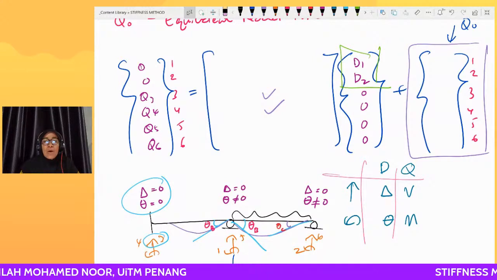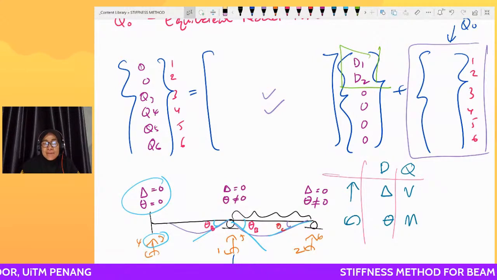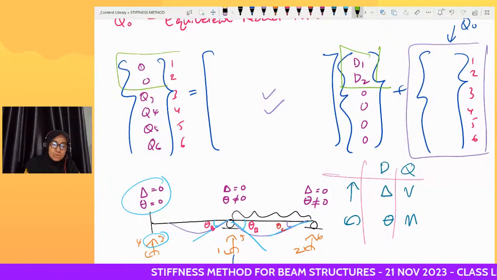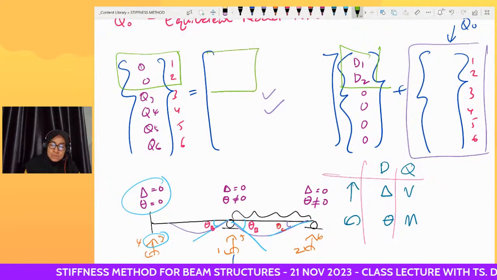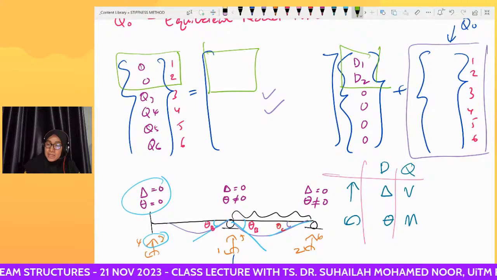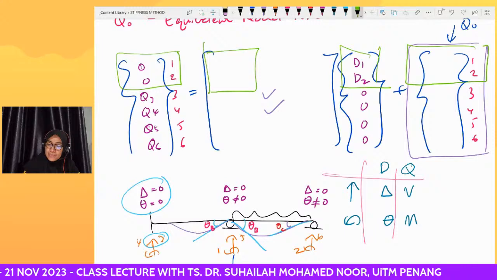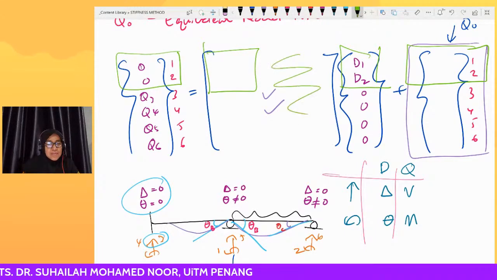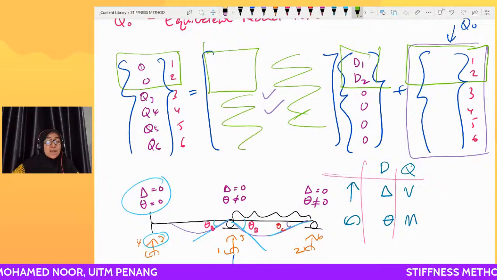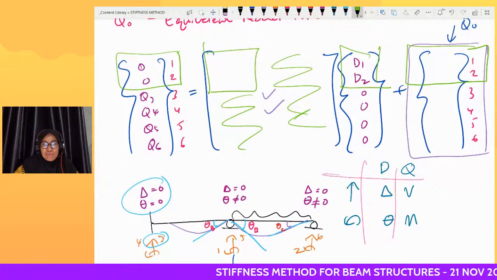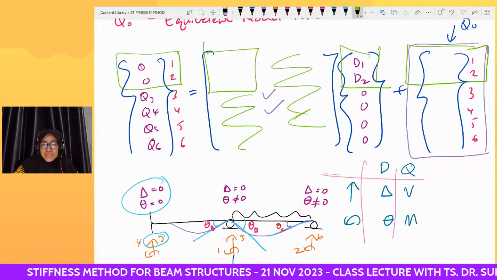But in order to solve D1 and D2, we just need to consider these 2 by 2. So actually we don't have to have this. That is why you have to understand the question carefully, and give the answer according to the question.